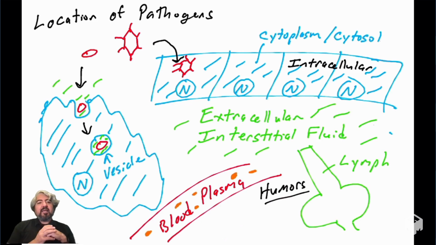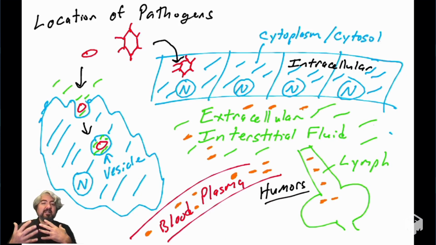All of this is to say that when we're talking about immune system proteins that interact with pathogens, some of these immune system proteins exist in your fluids. Right now we're going to be talking about your interstitial fluids, your plasma, the liquid portion of blood, not the cellular portion of blood, so not in the cytoplasm or the cytosol of cells. Or these proteins might be found in your lymph fluid.